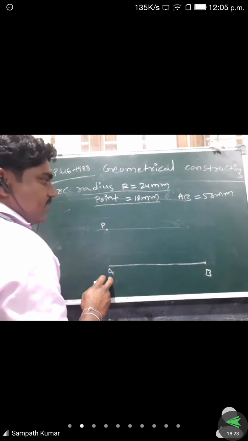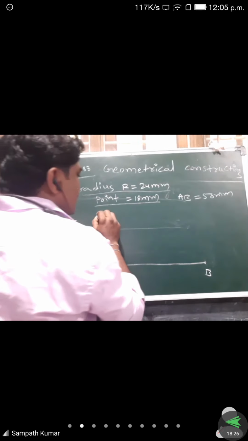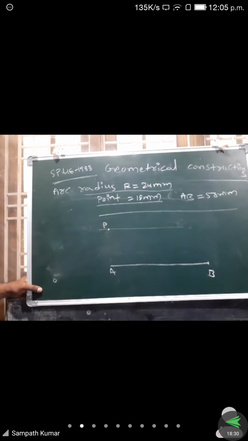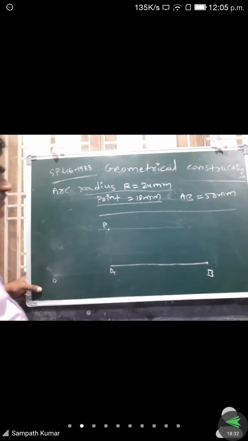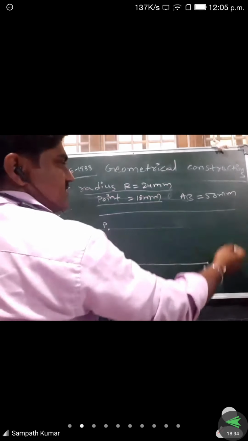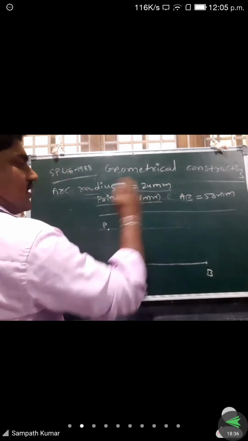We have to draw another line which is parallel to the line at a distance of 24 mm. This length must be equal to the arc radius, that is 24 mm.